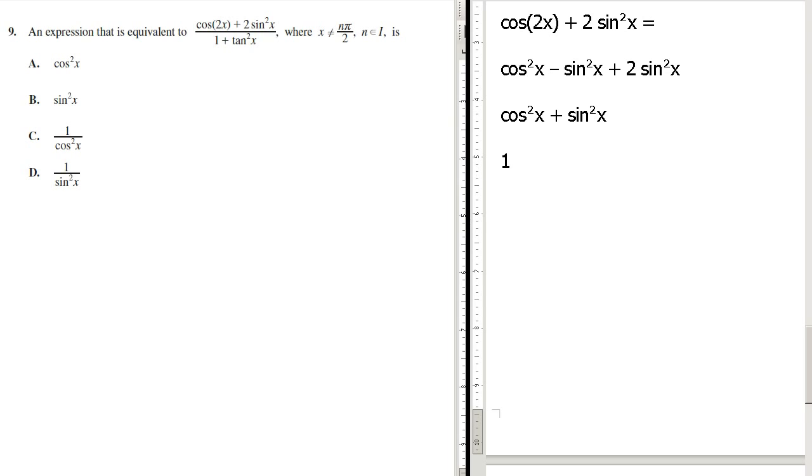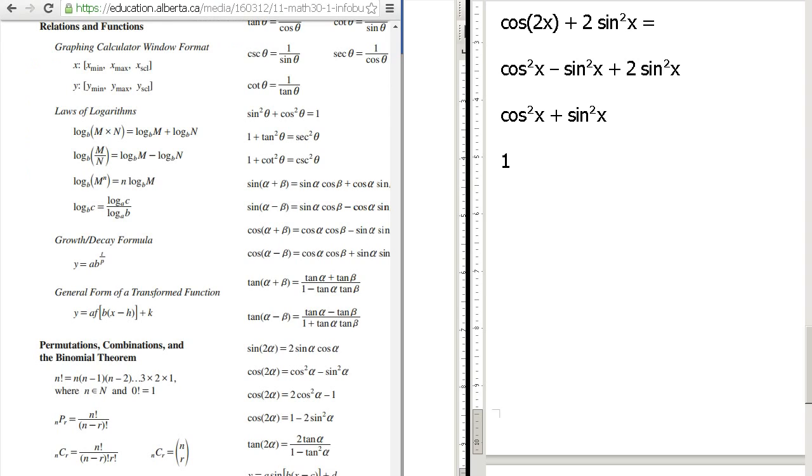So what about the denominator? 1 plus tan squared x. Well, that is equal to secant squared x, which is the same as 1 over cos squared x.